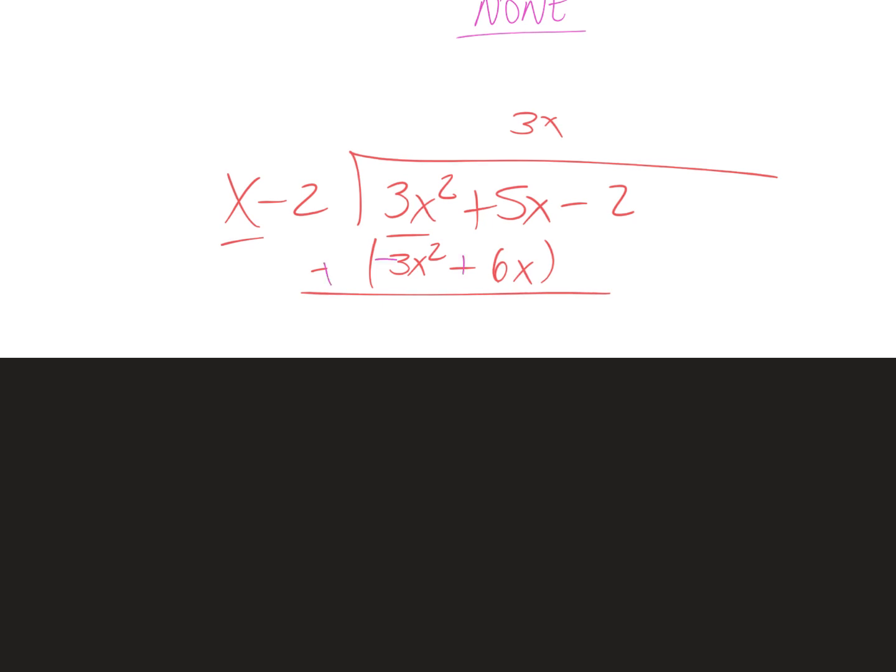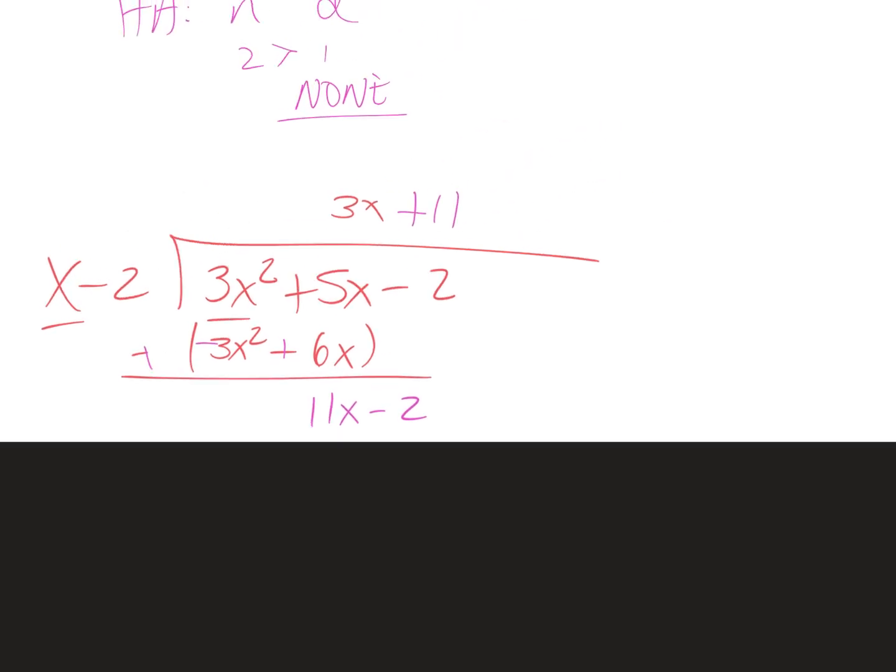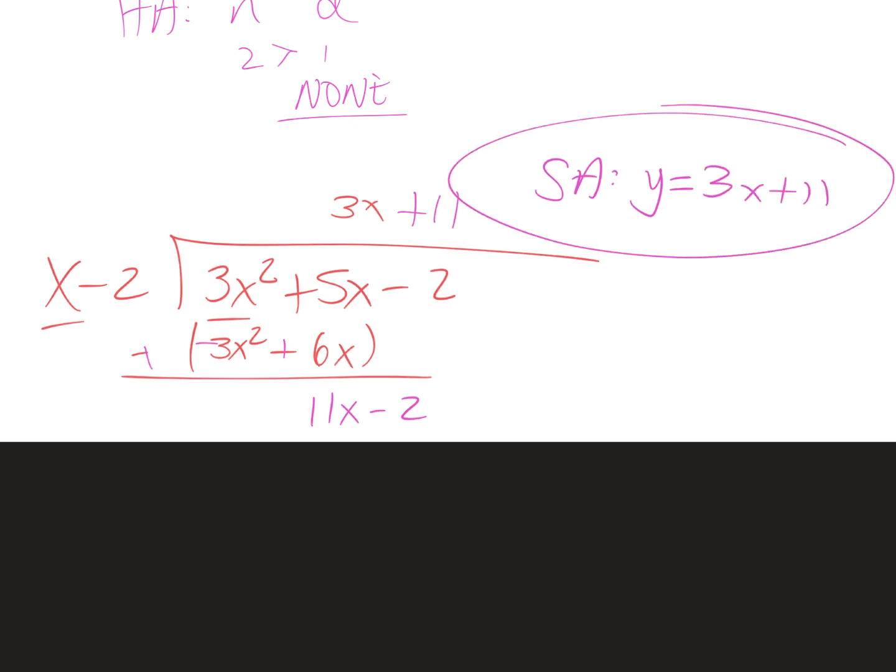Distribute, distribute, distribute. So you have 11x minus 2. How many times does x go into 11x? Plus 11. Do I need to finish anything else? No. What is my answer for my slant asymptote? Perfect. Y equals 3x plus 11. Has to have y equals.